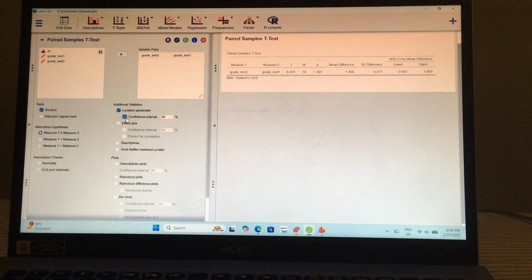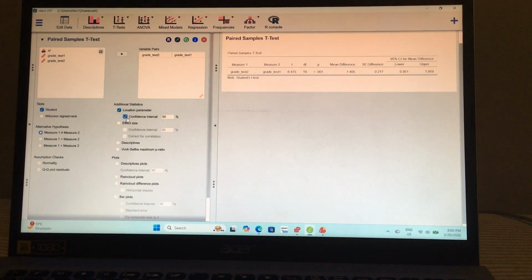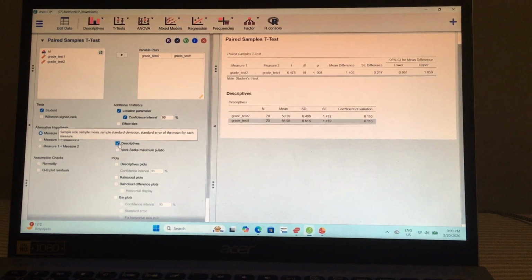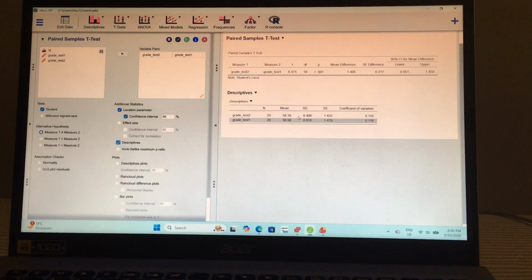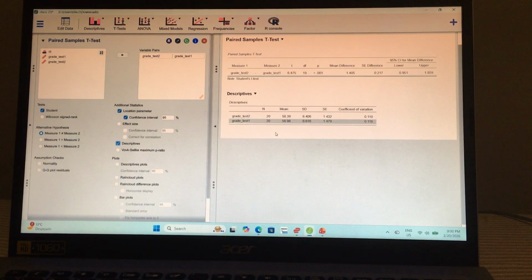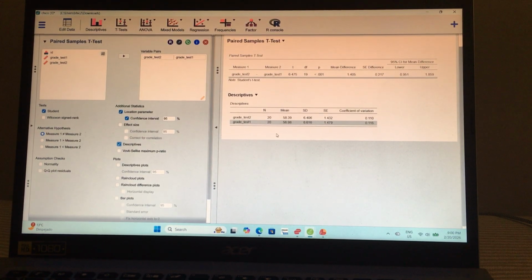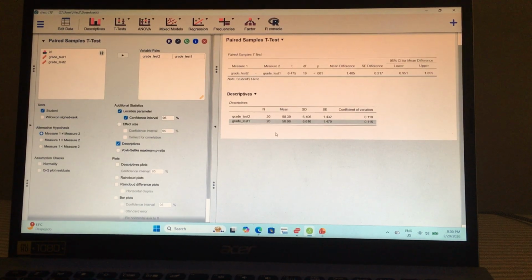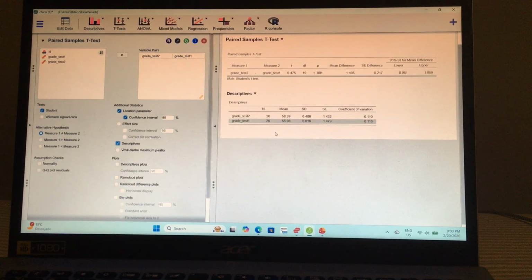So in a sample of 20 students, we're at the bottom of page 19, scores were slightly higher on the second test. So M equals 58.4. We're going to check descriptives to get this mean. So here we go. It's right here. Again, in a sample of 20 students, scores were slightly higher on the second test. M equals 58.4, standard deviation 6.4, looks good.